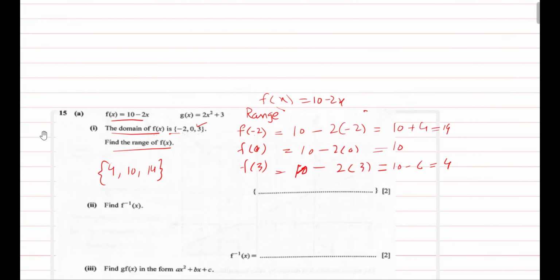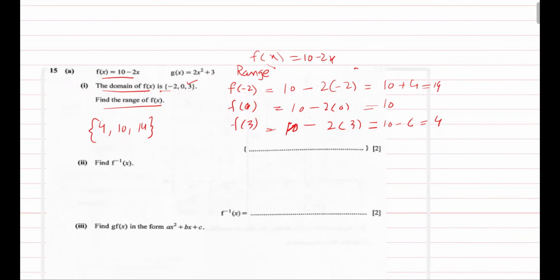Next part second. Find f inverse of x. Look here, this is f of x equal to 10 minus 2x. We will suppose that f of x equal to y, then x will be equal to f inverse of y. To calculate f inverse, we will make x the subject in this equation.